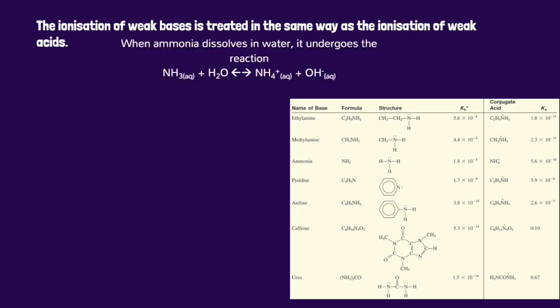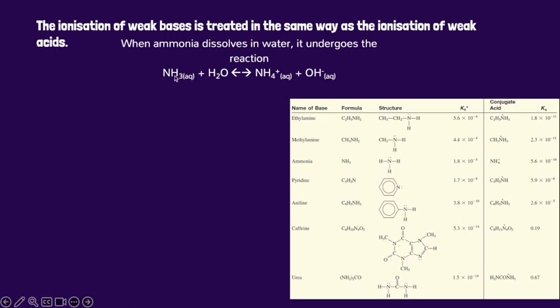Let's look at all of these Kb values that we have for these bases, and notice how those numbers are extremely small. This is also proof that even in a reaction where a base is ionizing, it would barely ionize.